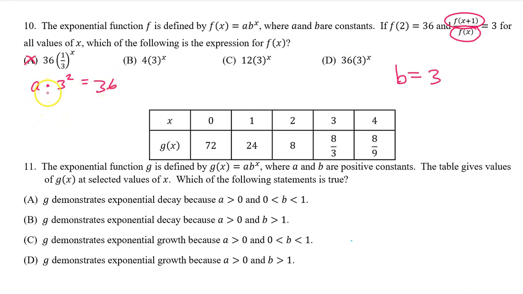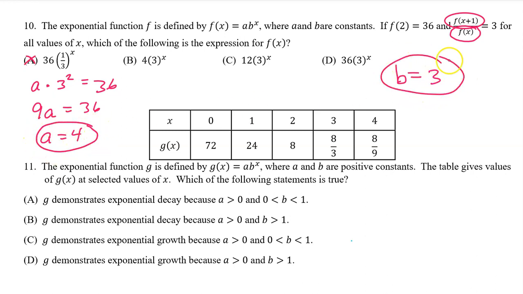That means a times 9, so this is 9a is equal to 36. Dividing both sides by 9, we get a is equal to 4. So that's it. A is 4 and b is 3. That means the answer is B.